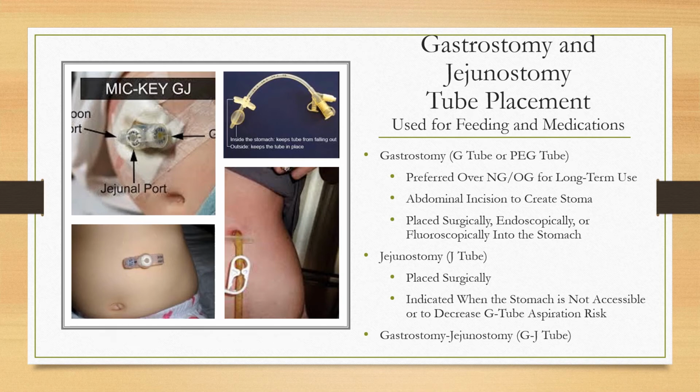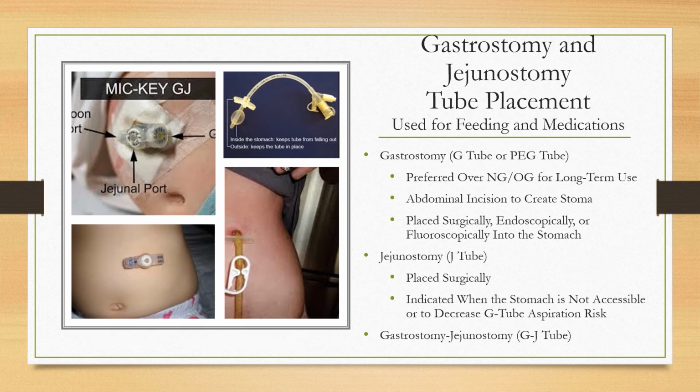So a jejunostomy is a tube that goes through the abdominal wall. Again, it's placed surgically, and it is inserted into the jejunum, and this reduces the risk of aspiration, because you're putting the feeding tube further down. So compared to a gastrostomy, where the food is being inserted into the stomach, there's a higher risk of aspiration.